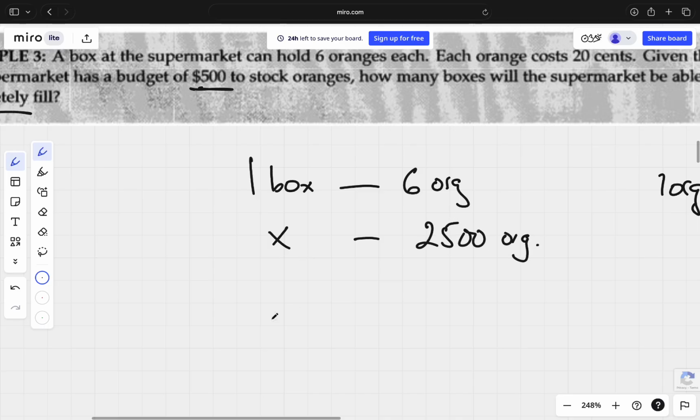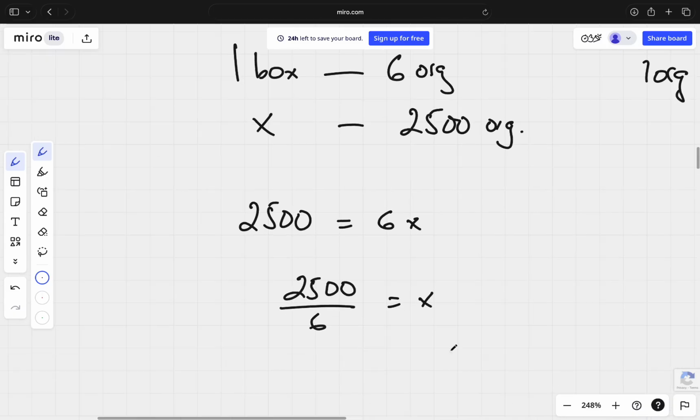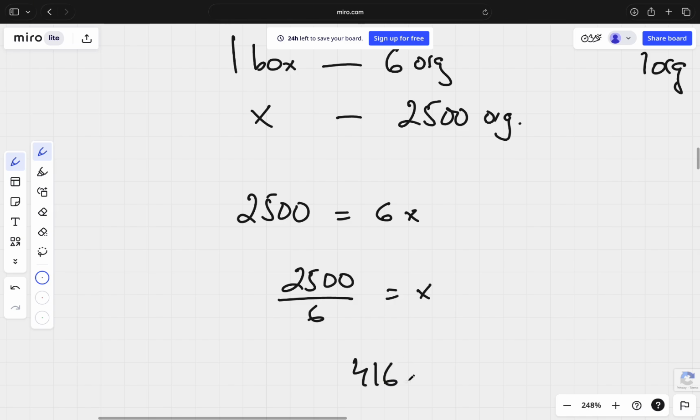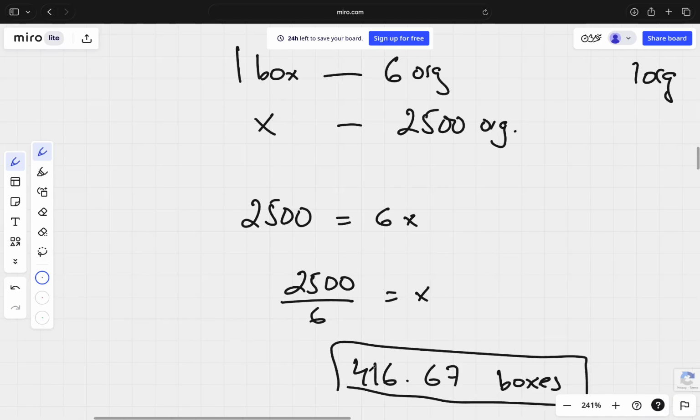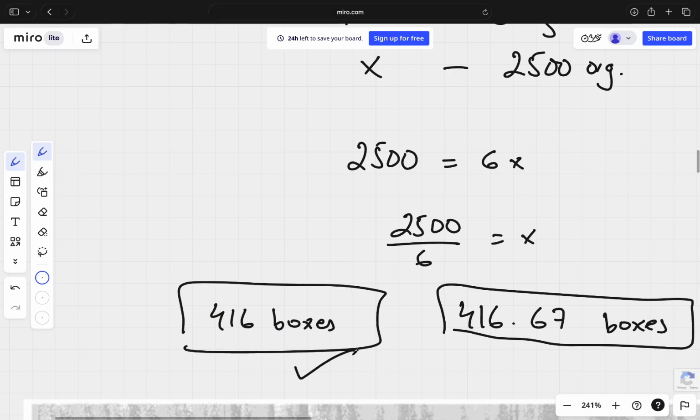If you cross multiply, you get 2500 is equal to 6x, which means 2500 divided by 6 is going to be x, which gives you 416.67. That'll be boxes. So they're saying how many boxes will you be able to completely fill? You'll be able to fill around 416 boxes in total. That'll be your answer.